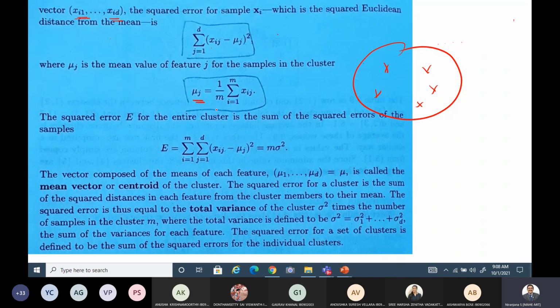It is nothing but 1 over m, where m is the number of samples, times the summation for i equal to 1 to m of xij. Summation of all this divided by m, right? So with respect to each feature you are trying to find the mean of feature j. Once you get the mean of feature j, using that you will estimate the squared error. Squared error is nothing but how much each point is away from some mean value.